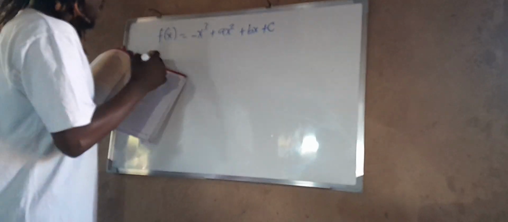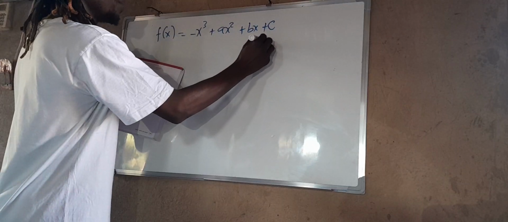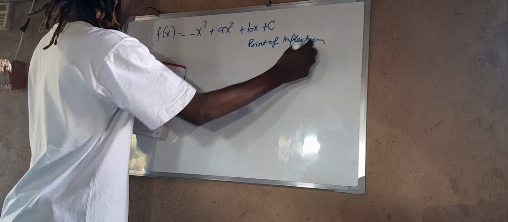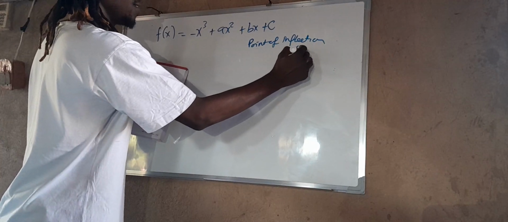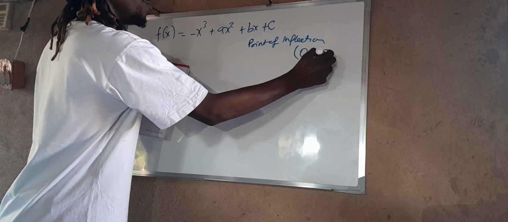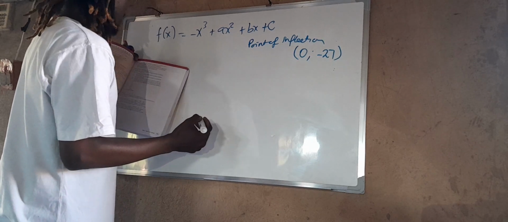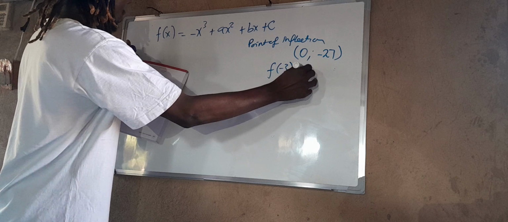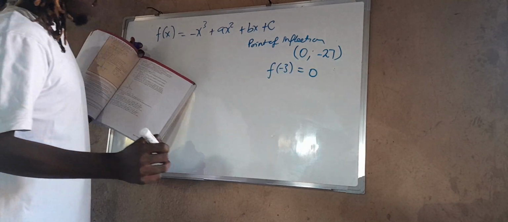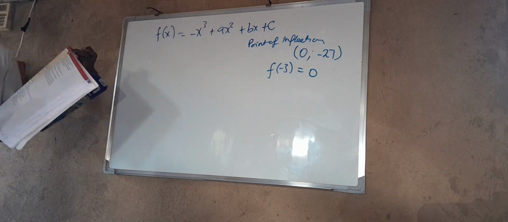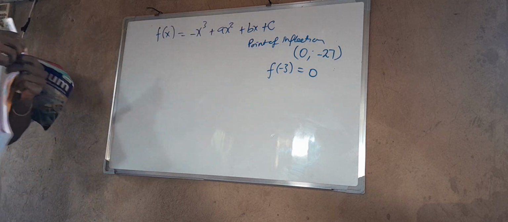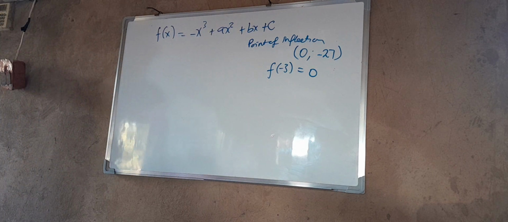They said the point of inflection of this is (0, negative 27), right? And they gave you that f(negative 3) equals 0. Now they say determine the values of a, b, and c. So this is your question.